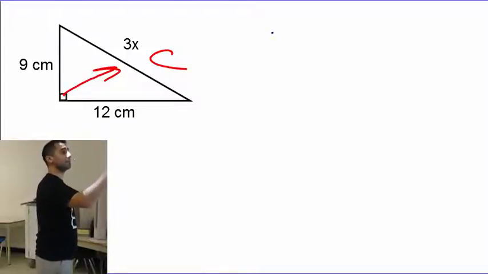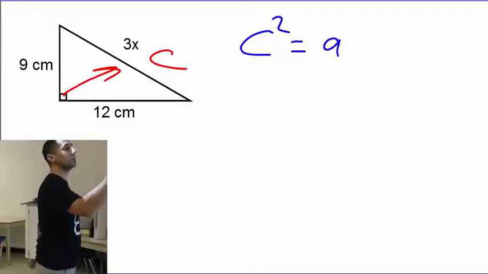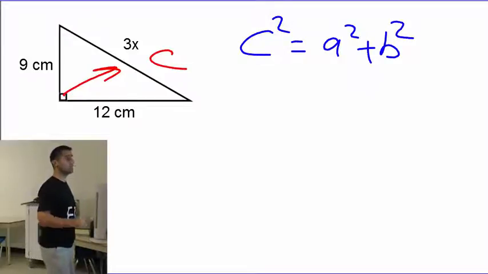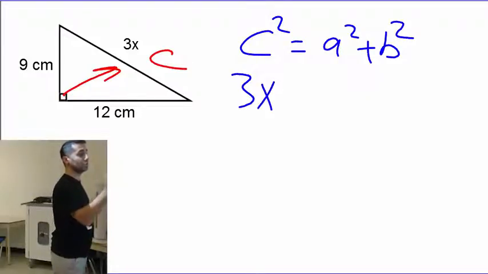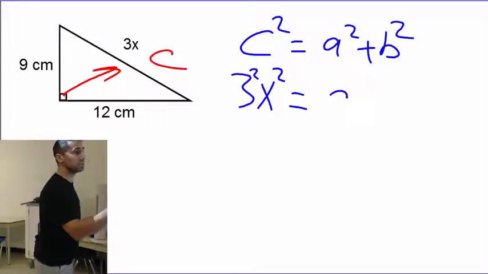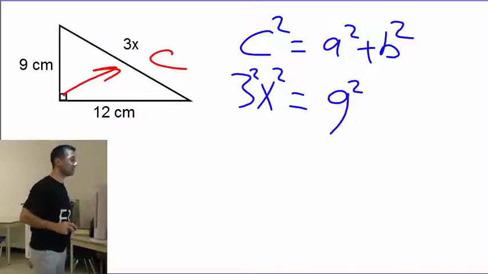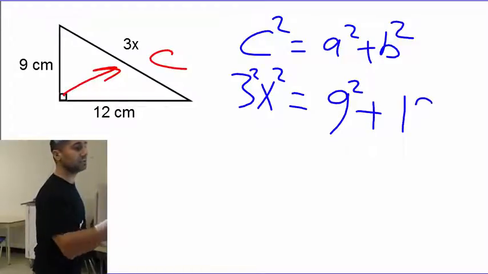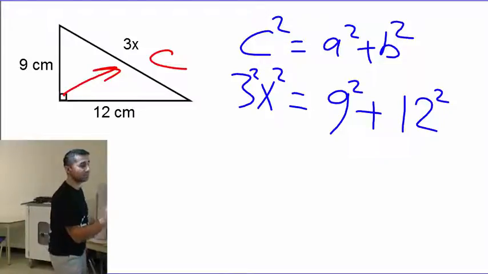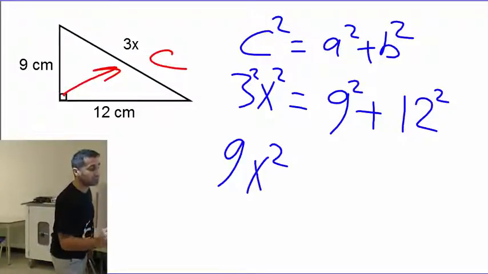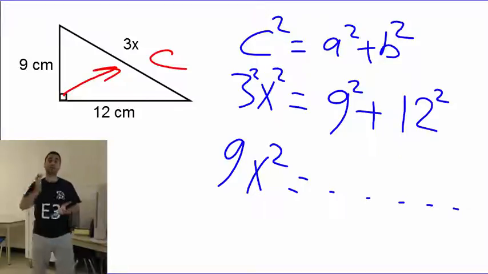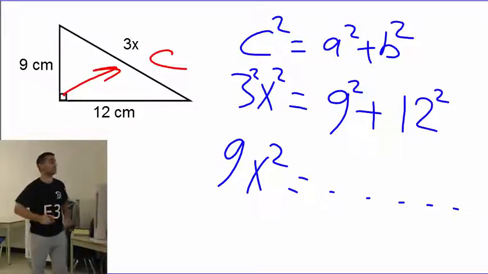Let's write down the Pythagorean theorem. C square equals A square plus B square. And C is (3x) square equals A is 9 square plus B is 12 square. Over here, you're going to come up with 9x square only, and a number. I have talked about how to solve that.